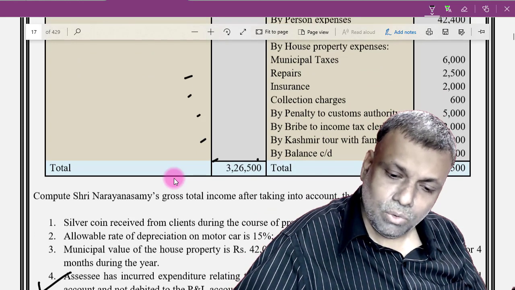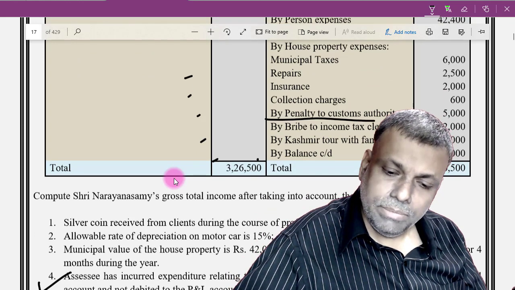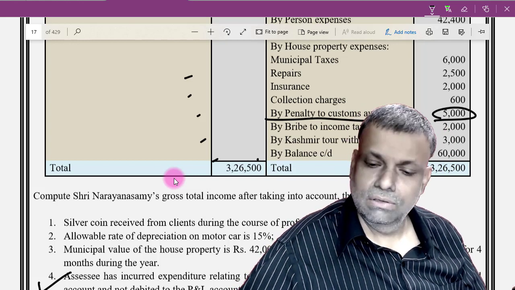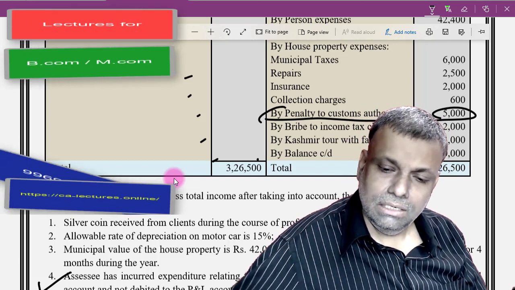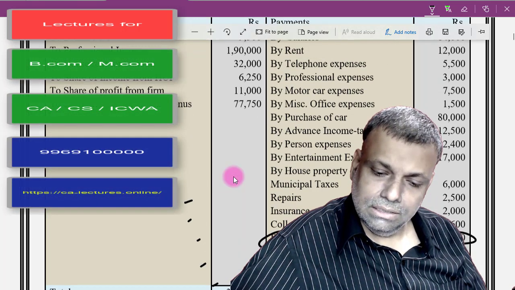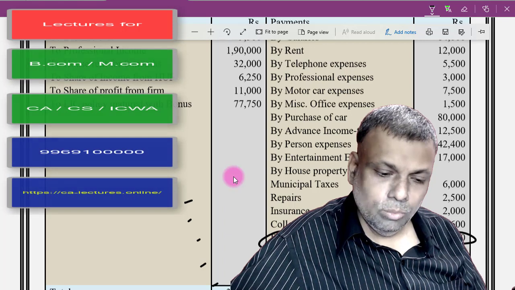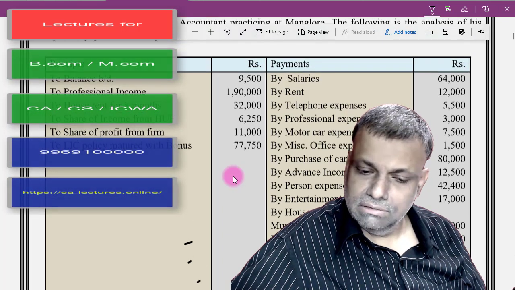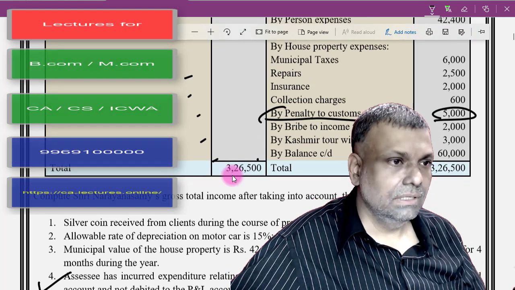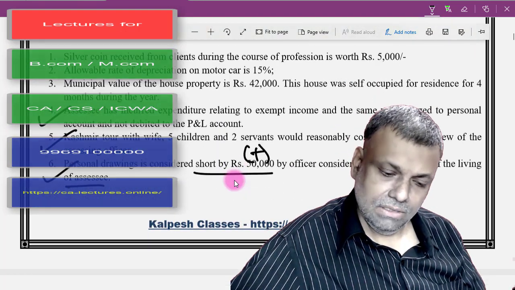See, this is one of the points: the penalty to the customs authority, that is 5,000. This penalty is 5,000. And is there any Dubai traveling expenditure which is given? Let me check. Okay, so that is not separately given.